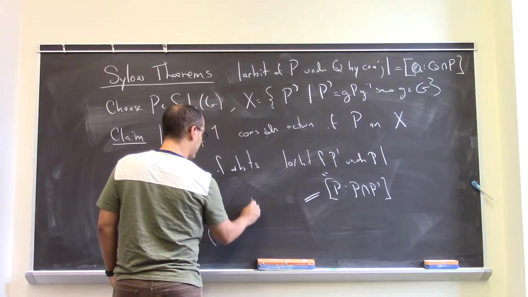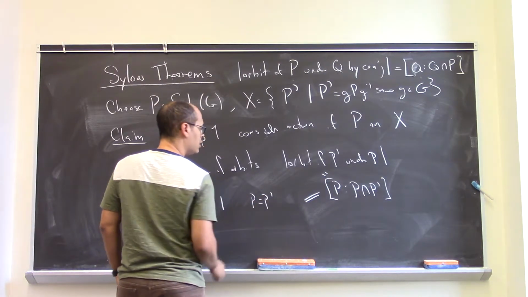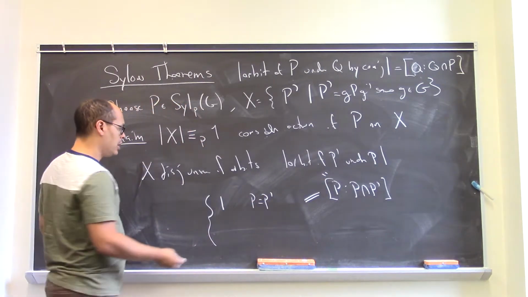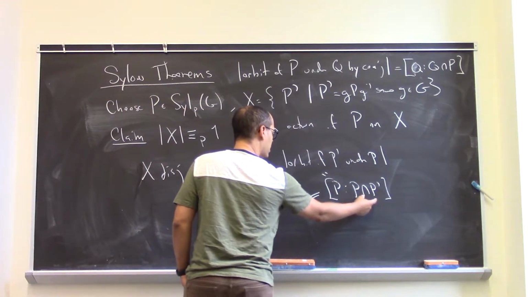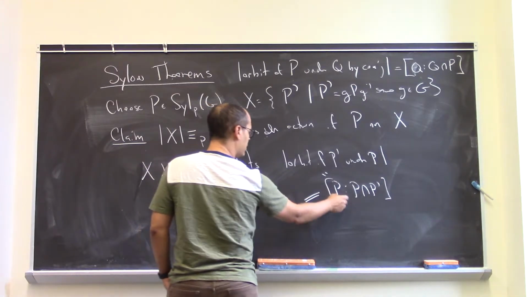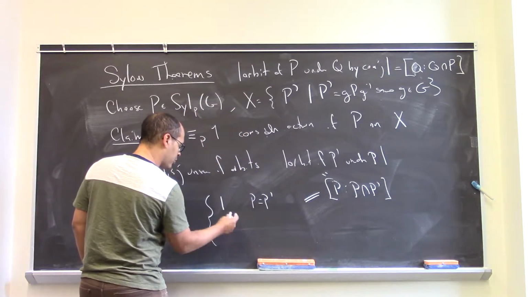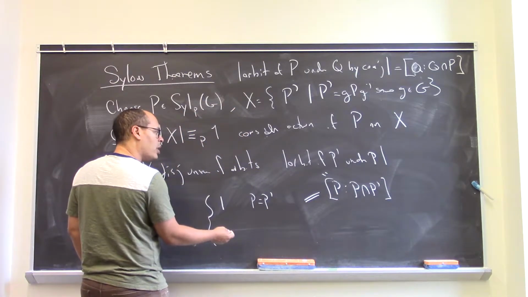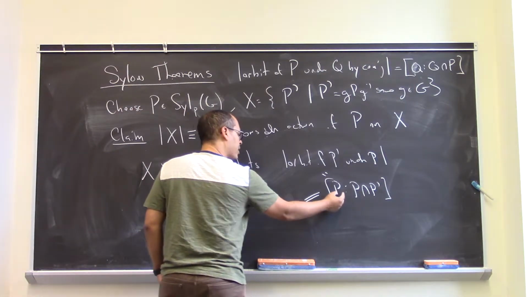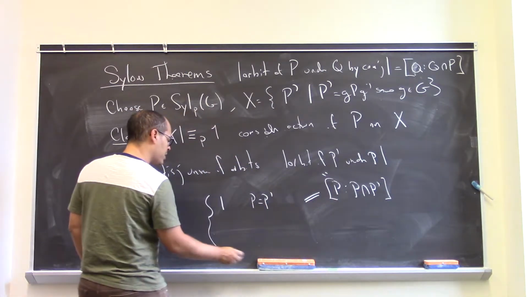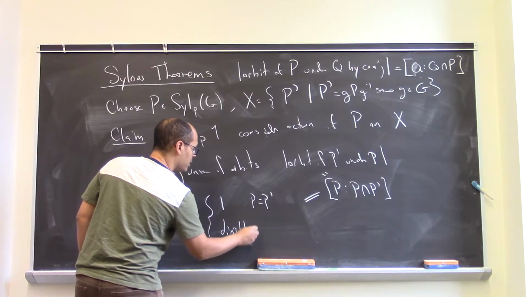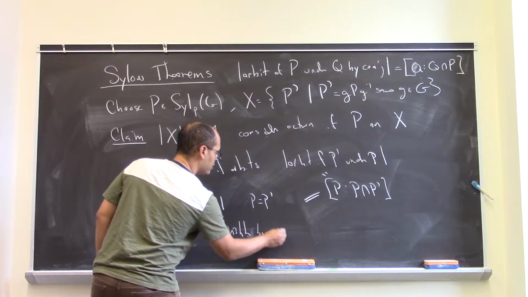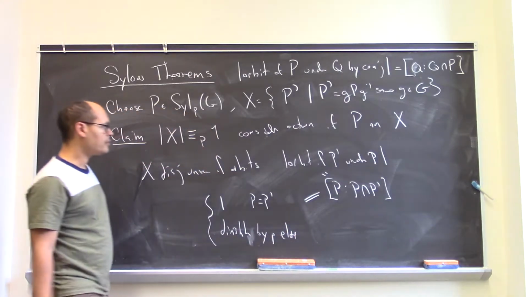If P equals P prime, then this is just 1. And if it's not, then this is a strictly smaller subgroup, so the index is bigger than 1. But because it's a divisor of the order of P, which is a p-group, it's divisible by p.